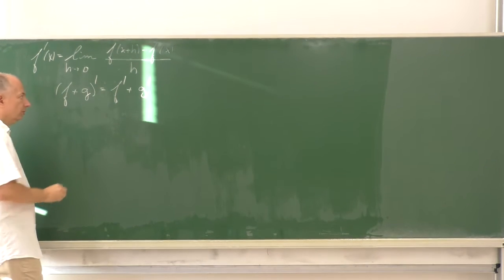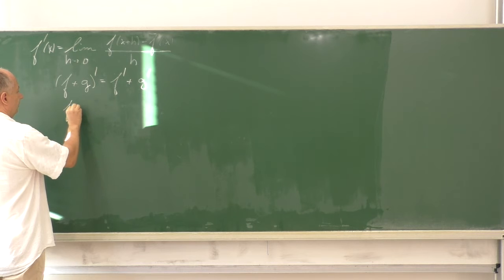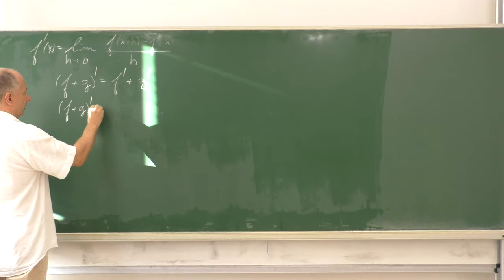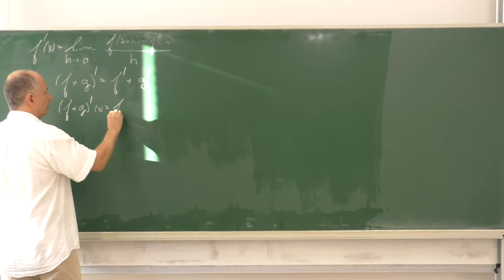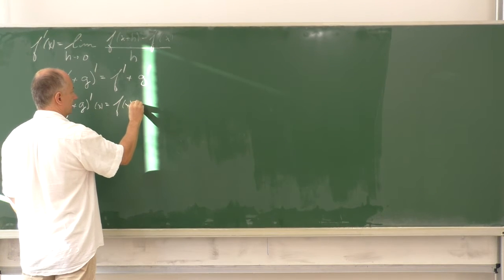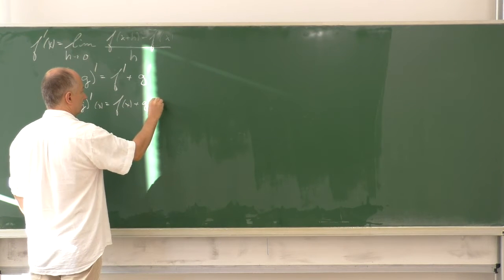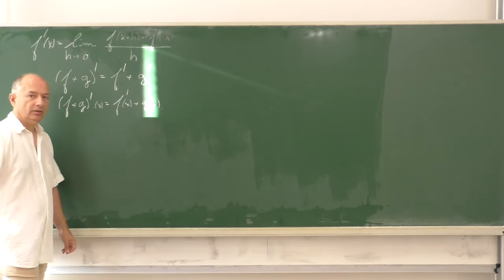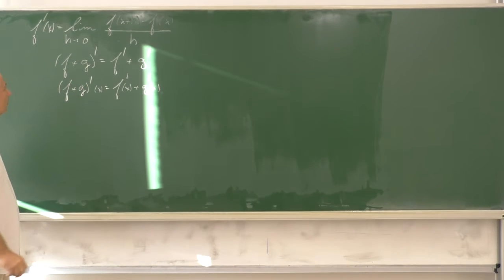In a more accurate writing, the derivative of f plus g as a function at x is equal to the derivative of f at x plus the derivative of g at x, the derivative of the terms.